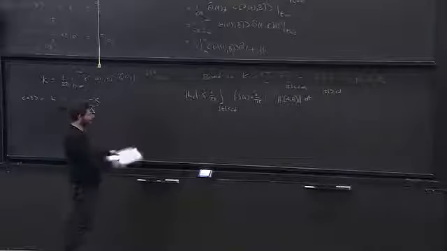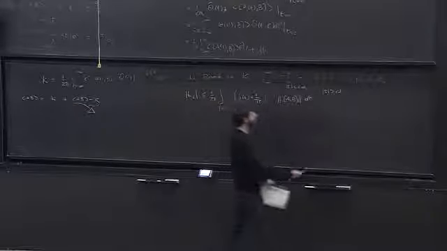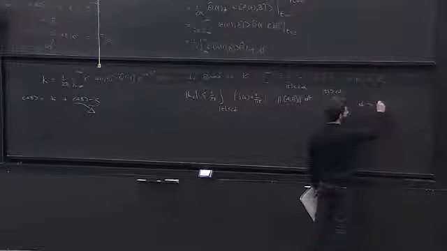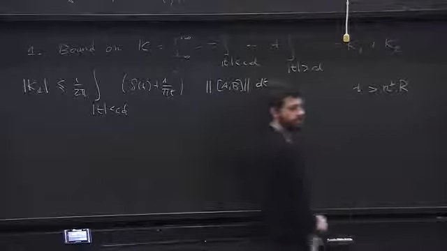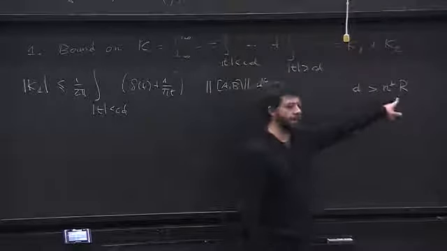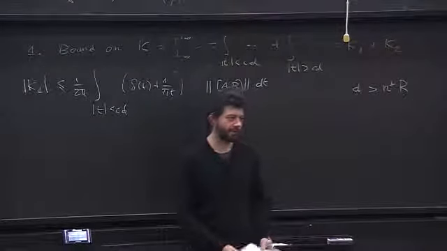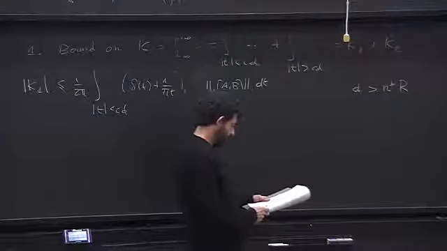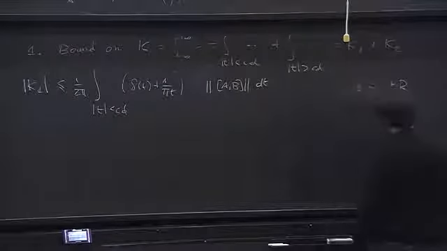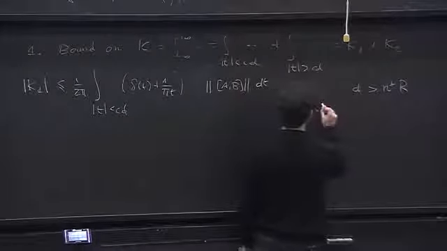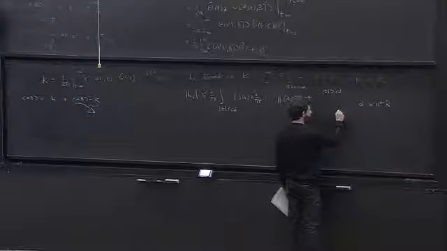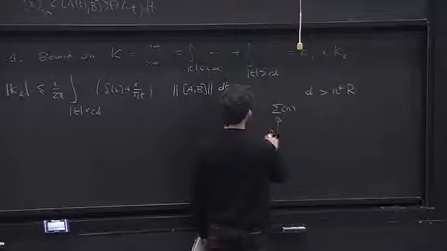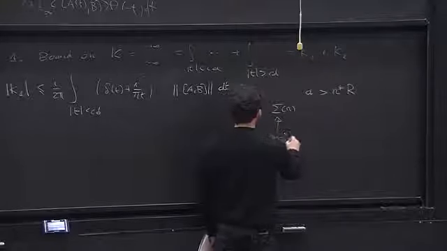We want to look at a large distance. So we fix that d is larger than some number n times r. R, remember, is the diameter of our interactions. This is some finite number, doesn't need to be too large. And so you remember when we derived the bound, we had the series, and then there was this coefficient that was the number of paths between A and B.